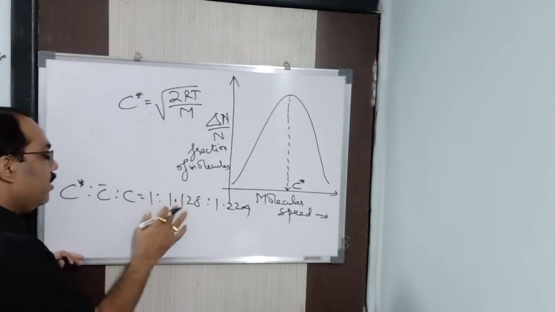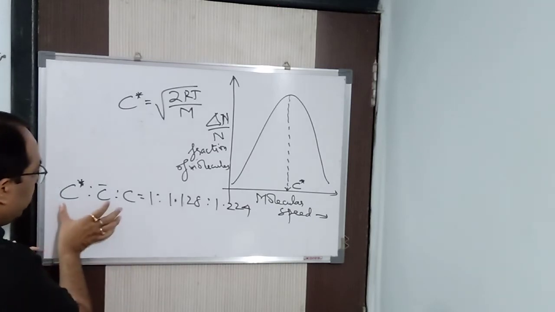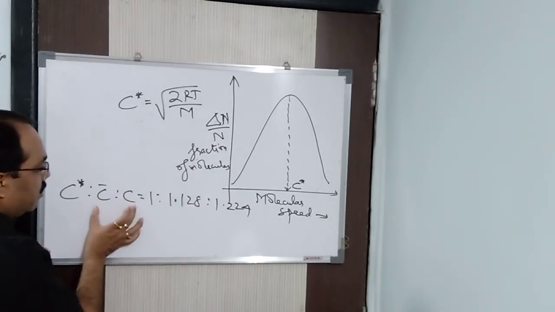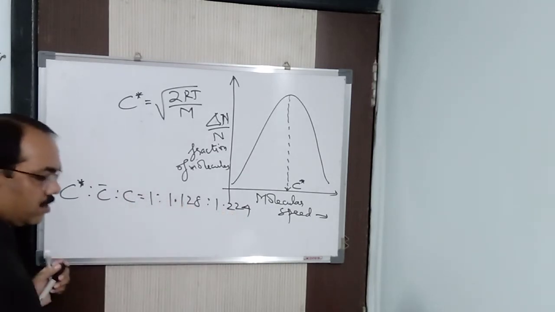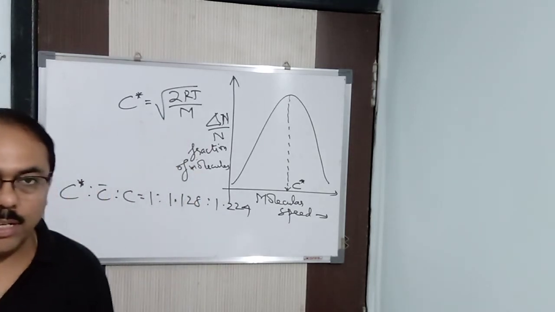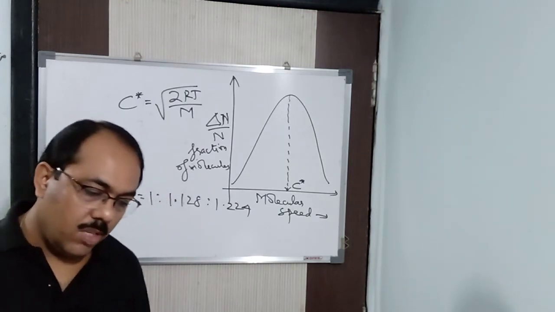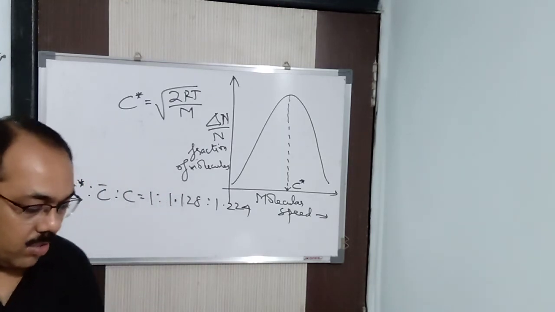You can put the values, divide and see it. First you divide by the 2, you get this, then you get the relationship. That is 1 is to 1.128 is to 1.224. This is the relationship between the most probable speed, the average speed and the RMS speed. You can find it out.